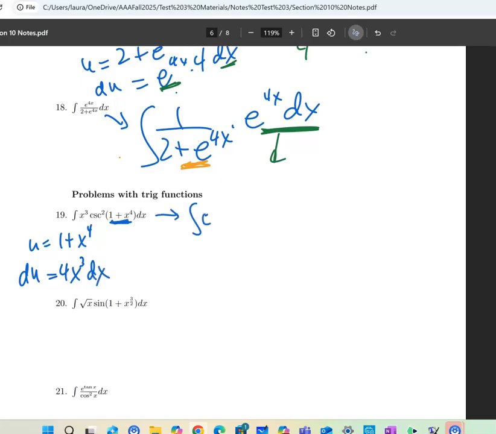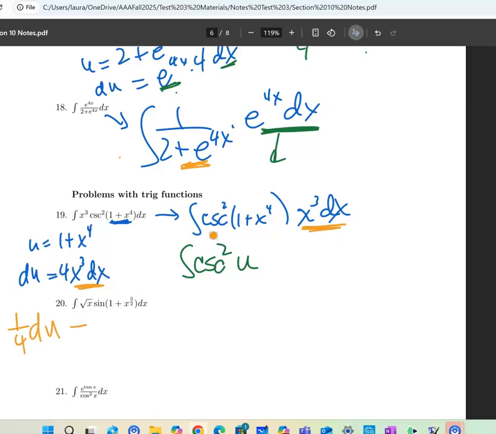So if I just rewrite this so that I've got the trig function first, and then this x cubed dx over here, then I can see we're going to have the integral of cosecant squared of u, and then this right here is 1/4 du, which is x cubed dx.